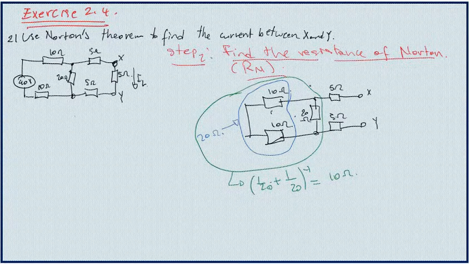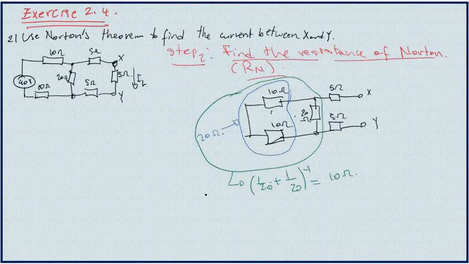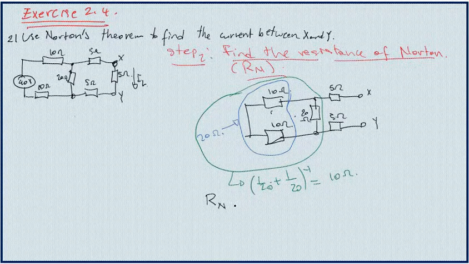Now if you look at this green block, it is in series with that resistor and that one. Since they are in series, to find the total resistance, which will be called Norton, the resistance between X and Y, is equal to 5 plus the resistance of the green block plus that 5 again.